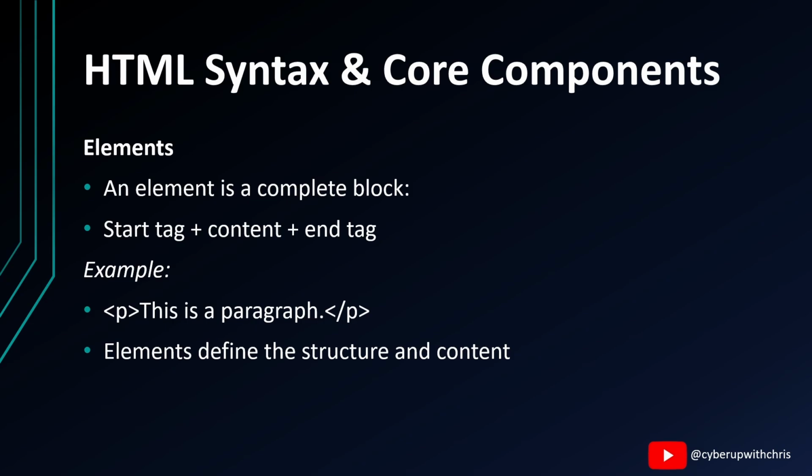"This is a paragraph" is the text, which is the content of the paragraph. Then the closing tag, which begins with a slash. Everything together is the element. Elements are actually what make up the content and the structure of your web page. They tell the browser what's on the page and how it should be organized. You understand what I'm saying?